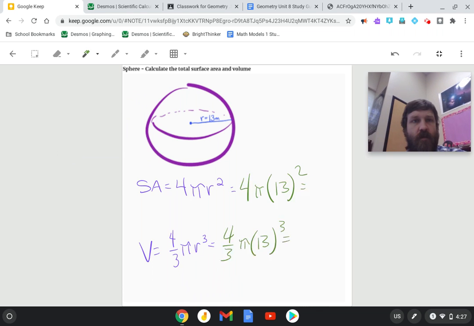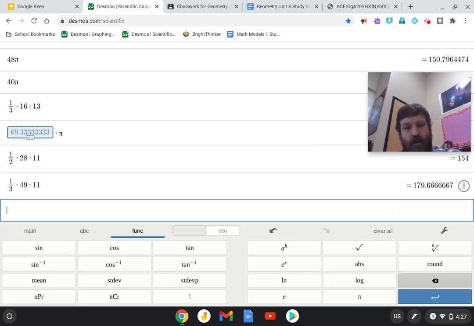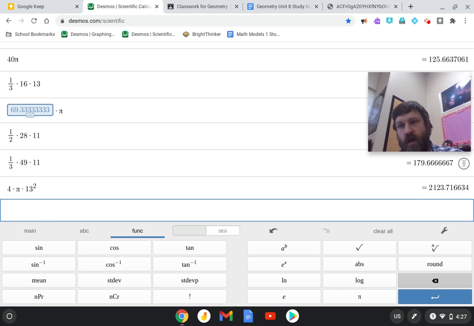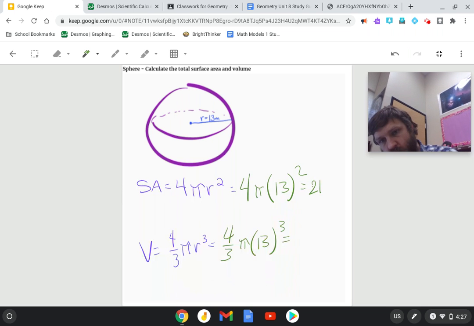We're just going to work these out. 4 times pi times 13 squared is 2123.71.